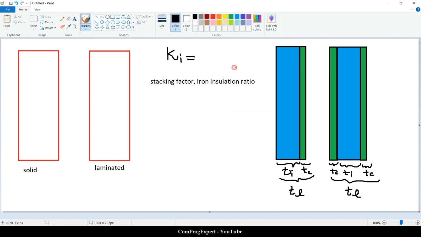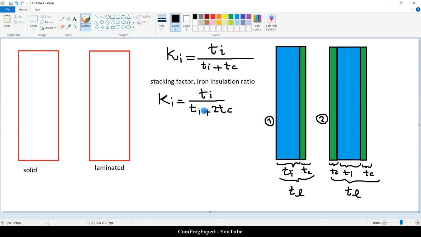This is the thickness of the iron divided by the thickness of the iron plus the thickness of the coating. Consider this as case 1, and this is case 2. In case 2, we have insulation coating on both sides, and we can write this as the thickness of the iron divided by the thickness of the iron plus 2 times the thickness of the coating.